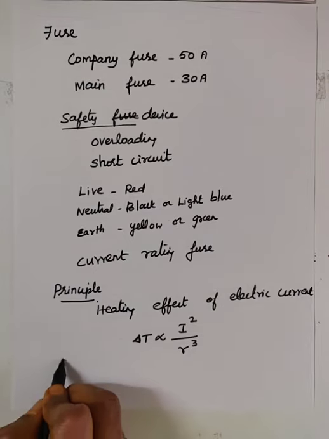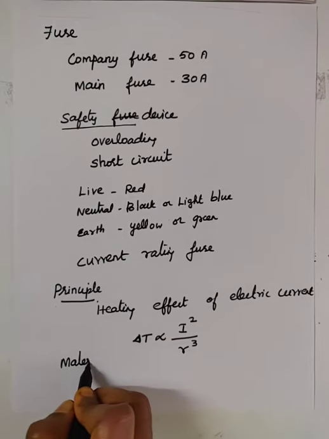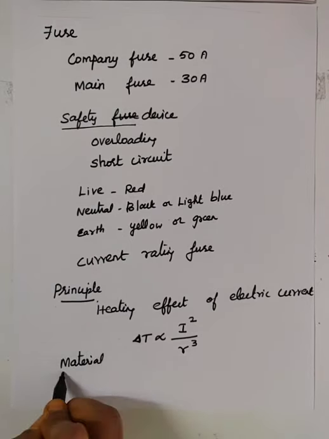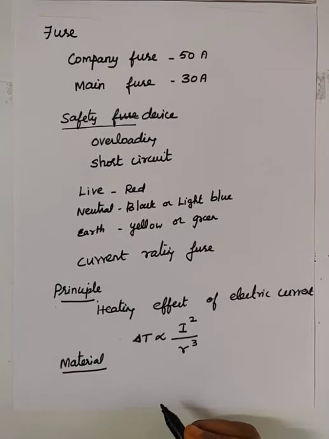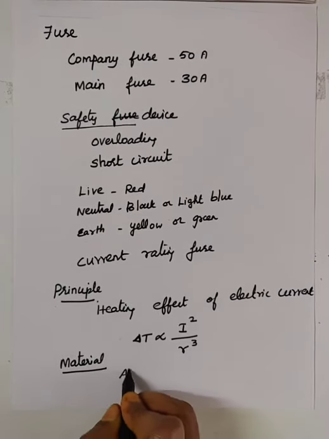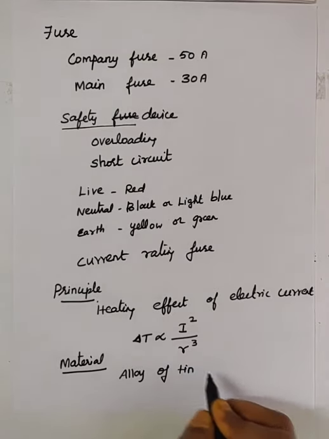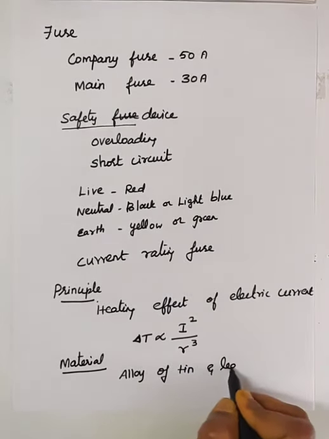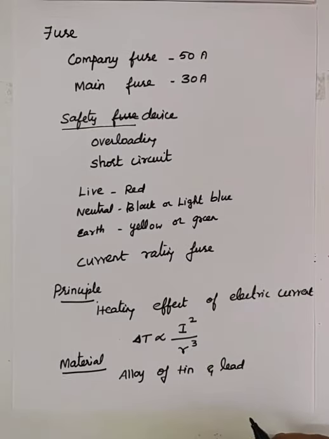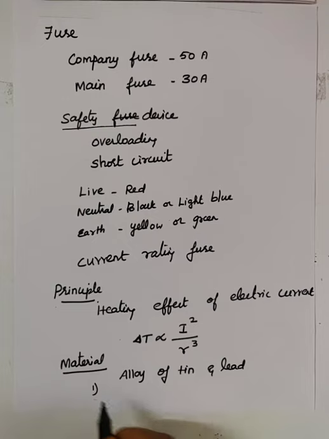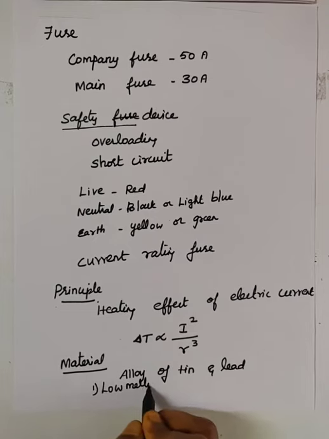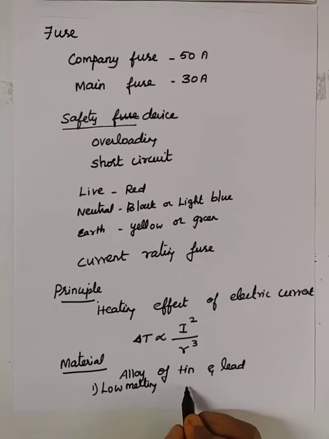Next one, the material used as a fuse wire. Normally the material used for making the fuse wire is an alloy of tin and lead. Why only these materials are used as the fuse wire is because these materials have two characteristics. One, they have low melting point.